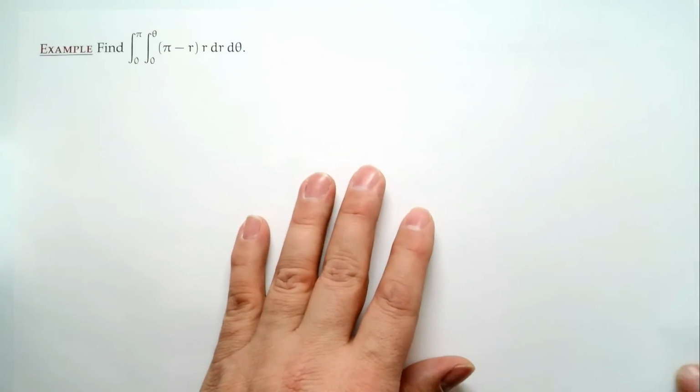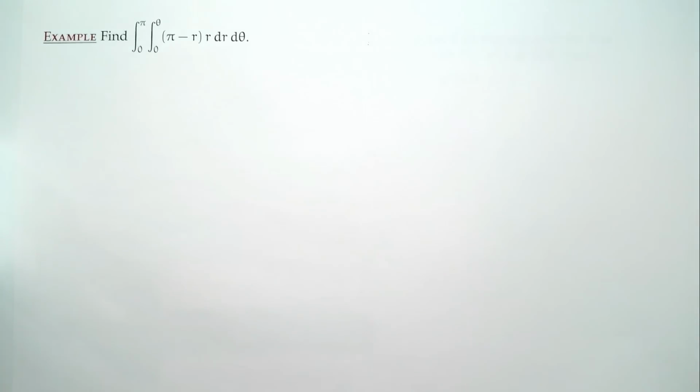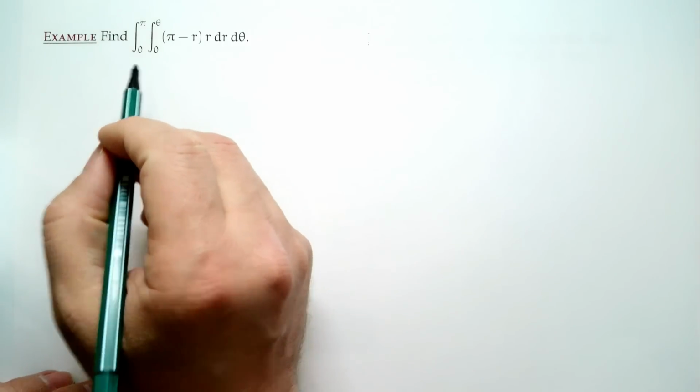So, here we go. Find the integral from 0 to pi, integral from 0 to theta, of pi minus r, times r dr d theta. Okay, what do we do? Here, we just integrate, well, almost.